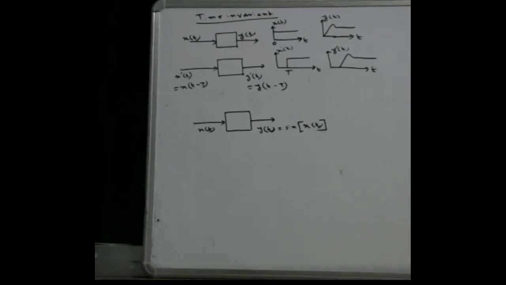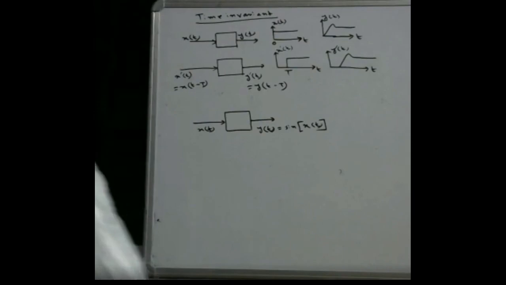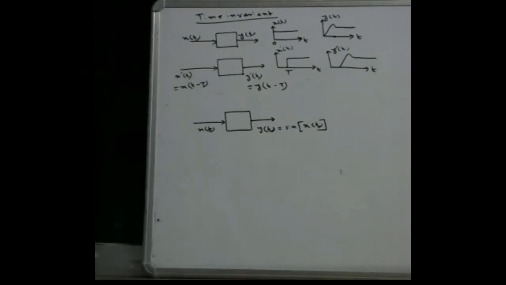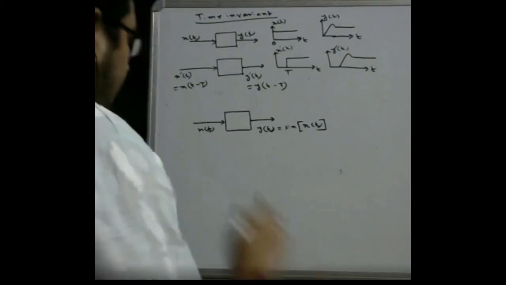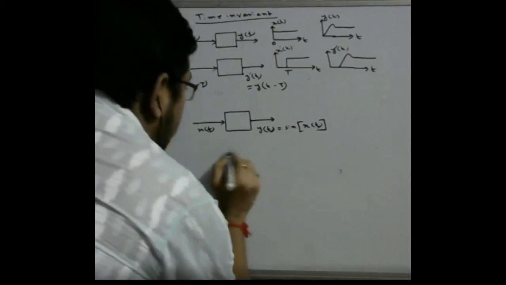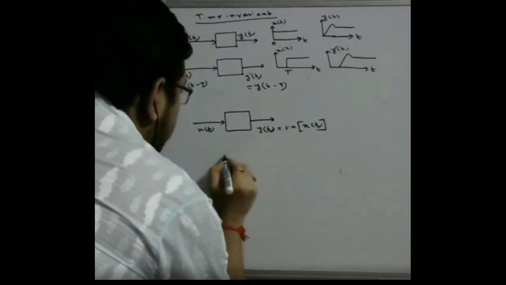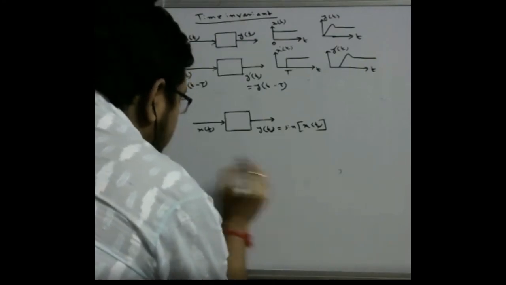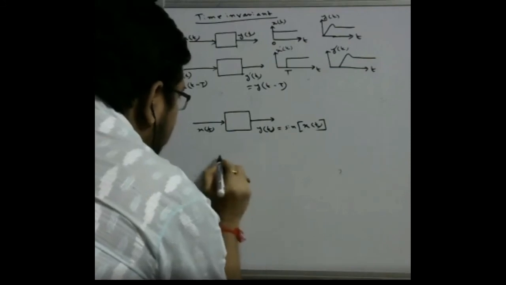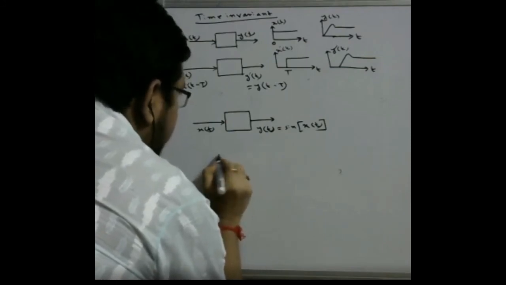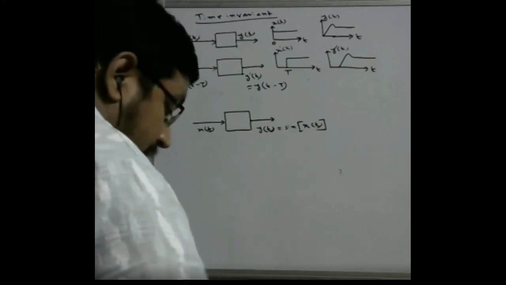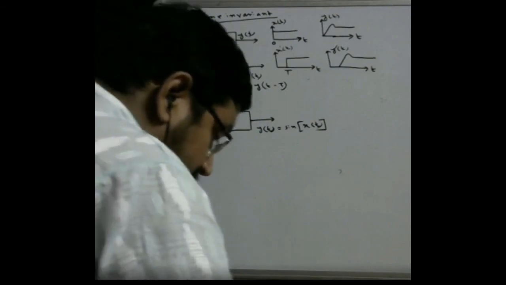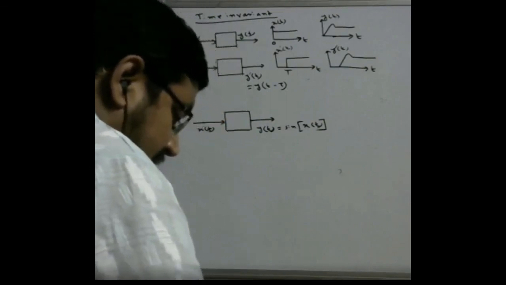This is the system. Now we have to check whether the system is time invariant or not. Let's see. In this case we have to substitute t by t minus T.